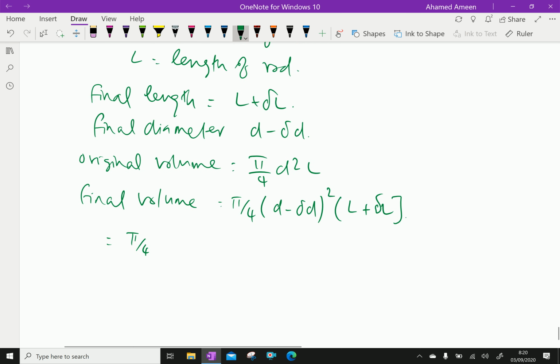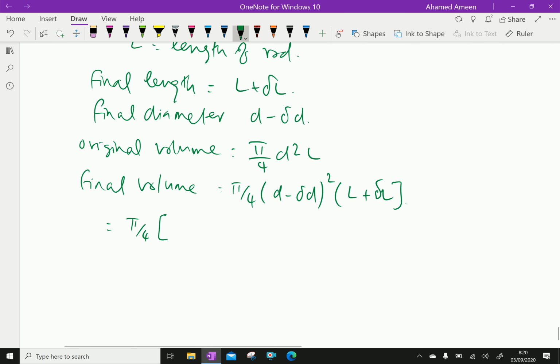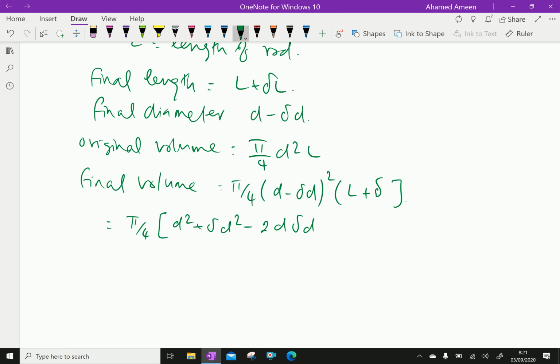Pi by 4, first d minus delta d whole squared equals d squared plus delta d squared minus 2d delta d, into L plus delta L.